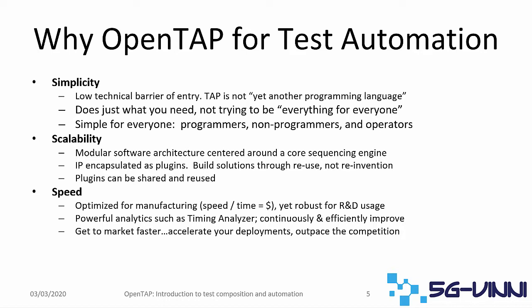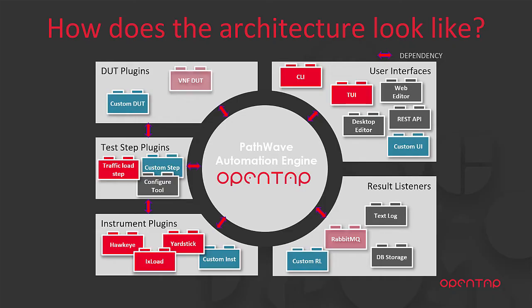It's scalable due to highly modular structure and acting as the glue tying tools and DUTs together via test automation. Intellectual property can be encapsulated in plugins, such as IP related to the control of tools and DUTs. And it provides speed as it is optimized for manufacturing while also working for R&D usage. Keysight offers plugins as products such as analytics and timing analyzers.